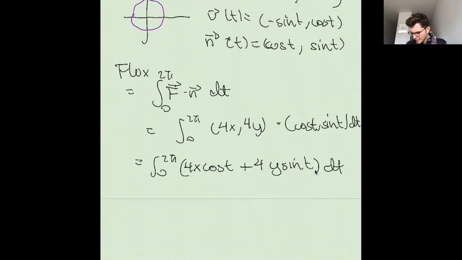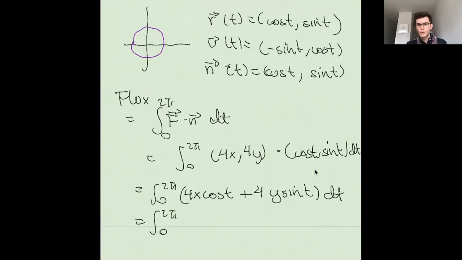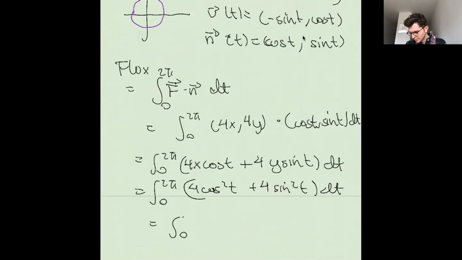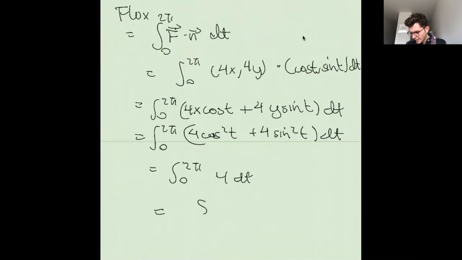But again, to know what x is, you have to go to the formula of the position vector. So x is cosine of t and y is sine of t. So you get 4 cosine square of t plus 4 sine square of t dt, and you get 0 to 2 pi of 4 dt, and you get 8 pi here.